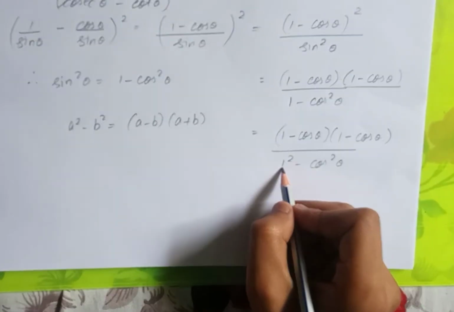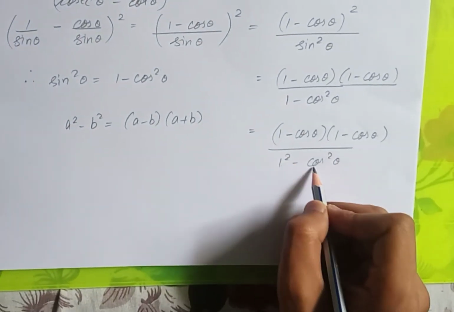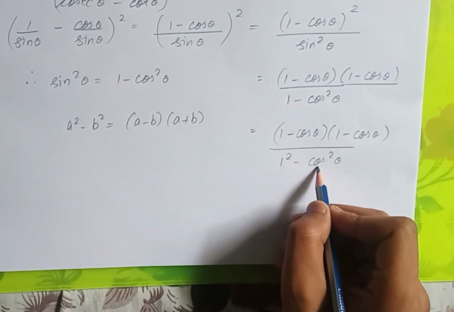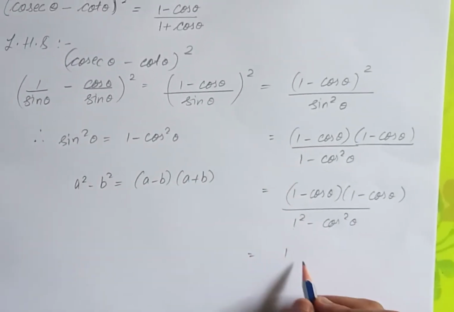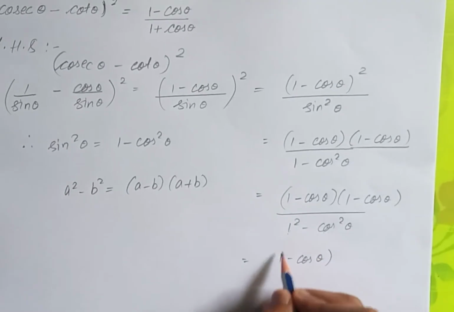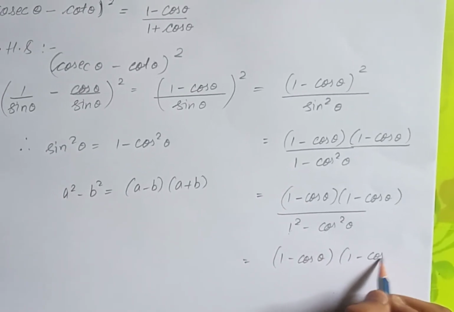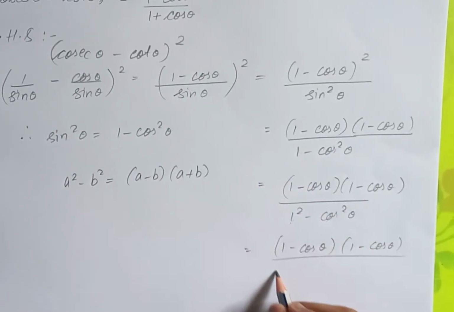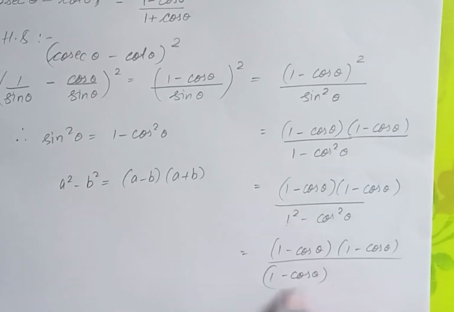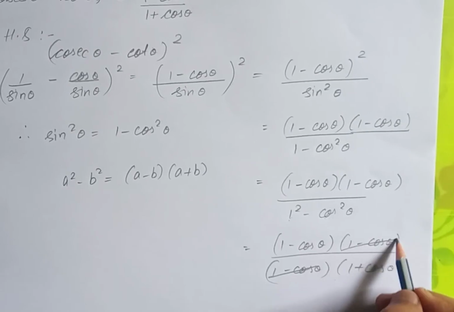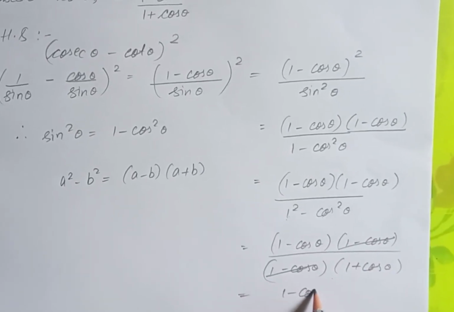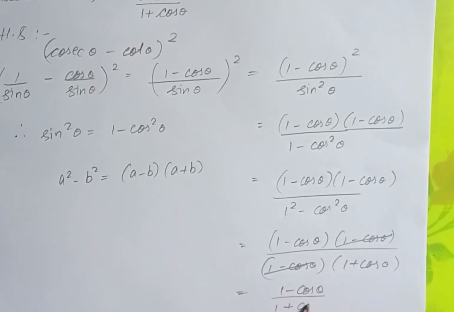Here we have a and this is b. A is 1 and b is cos theta. So by this identity, this will become (1 minus cos theta)(1 plus cos theta). Now simplifying this, we got (1 minus cos theta) upon (1 plus cos theta).